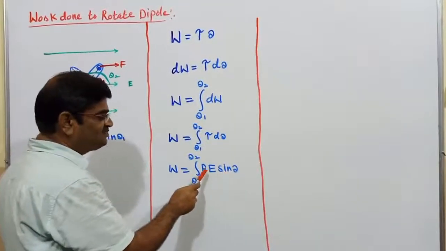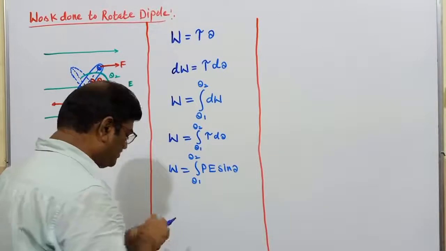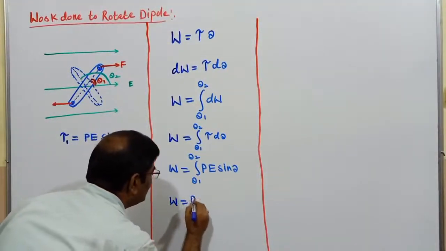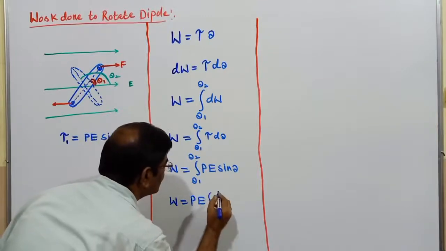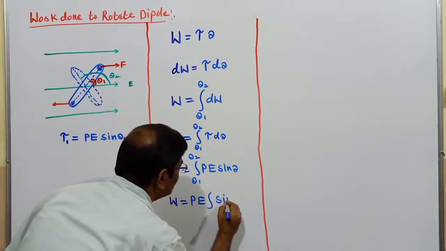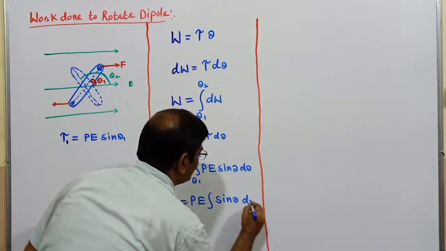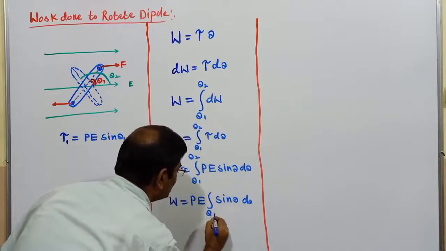I will integrate this. PE is constant, bring that out. Let me have one step extra, doesn't matter. W equals PE integration of sin theta d theta from theta 1 to theta 2.